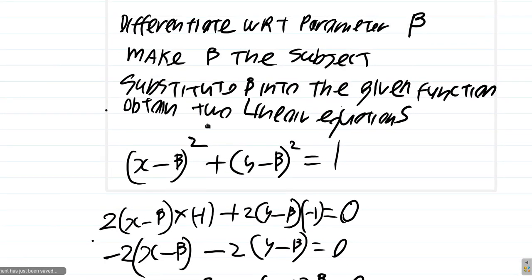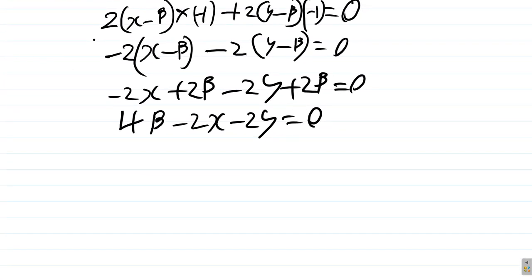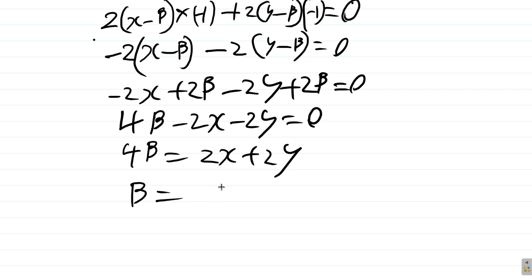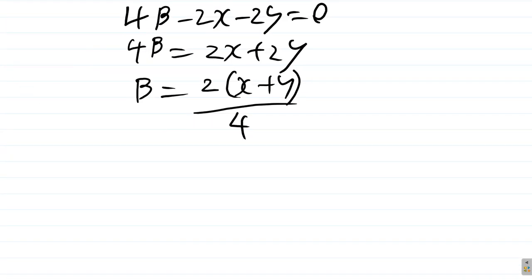And then you make beta the subject. You say 4 beta equals 2x plus 2y. And then you divide by 4. So beta is equal to, you could factorize this and get (x plus y) in the bracket over 4. And you cancel down.